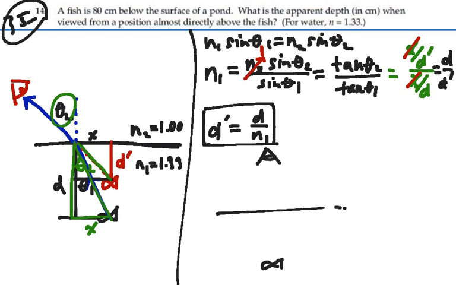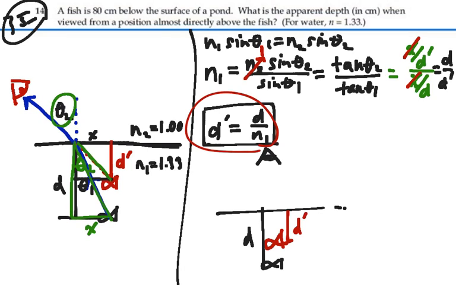Theta 1 is getting smaller and smaller as it approaches 0, and so is theta 2. So we can think of this as the exact problem where we're looking at an object at some distance d below, but it actually appears to be some distance d prime below the surface. And hence in that case we have d prime equal to d divided by the index of refraction.